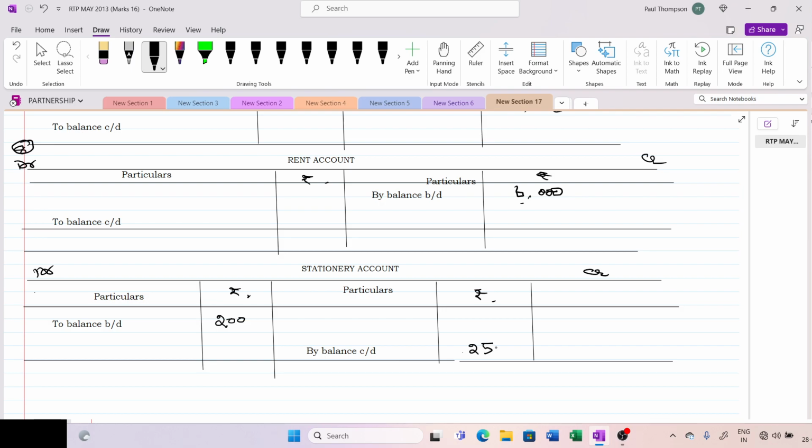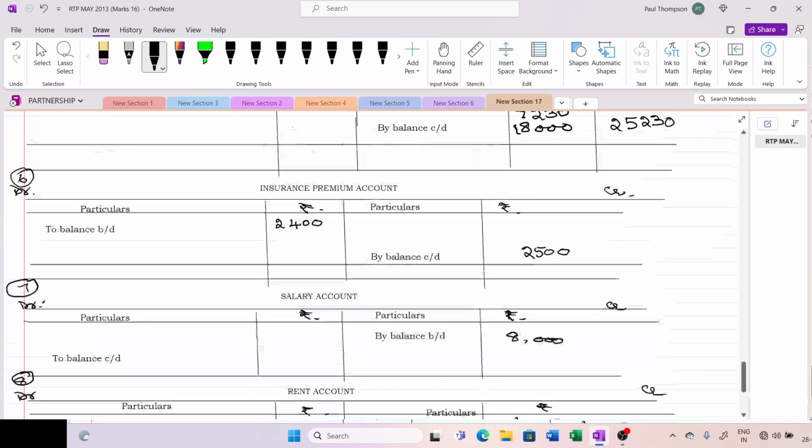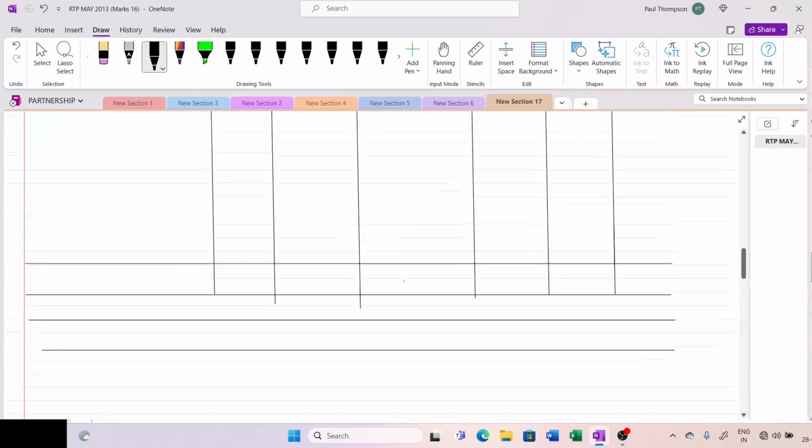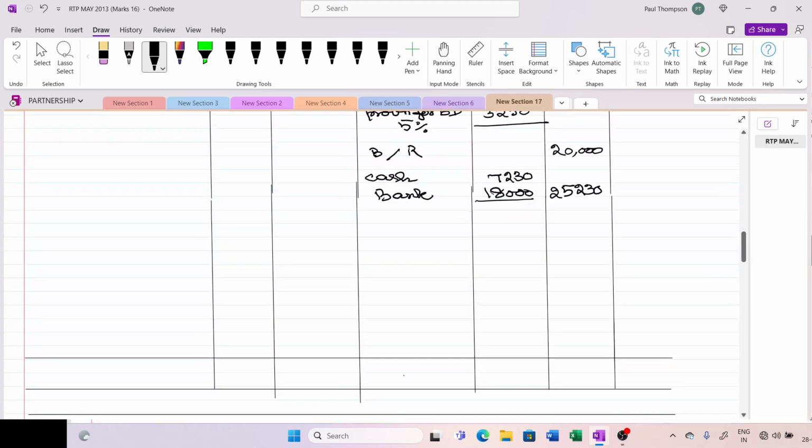So both these items should go to our balance sheet also. Unexpired insurance 1,500, and stock of stationery 150.